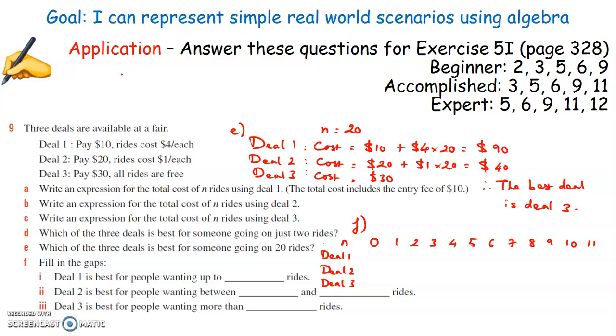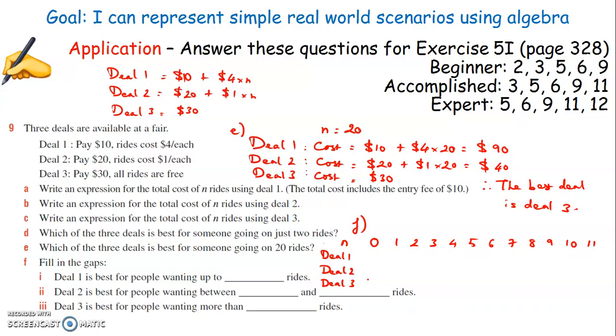You guys would have this on your page from questions A, B, and C. So for deal number 1, the cost is $10 plus 4 times n. For deal number 2 it's $20 plus 1 times n, and for deal number 3 it's going to be $30.